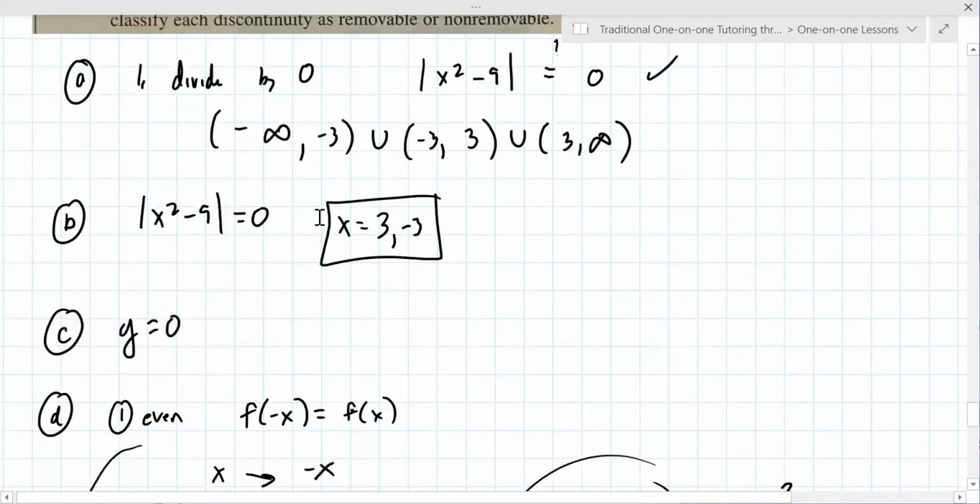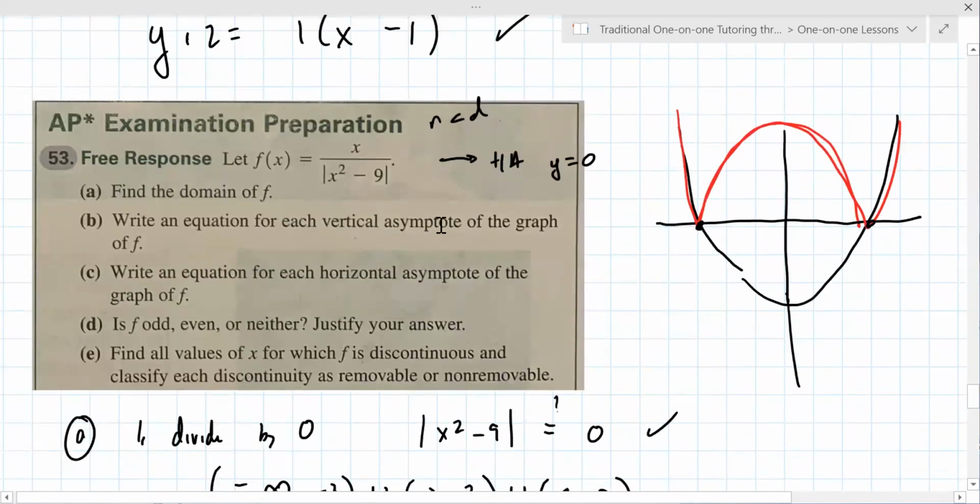The graph that we're looking at for this question has only vertical asymptotes, and that's where it's discontinuous. So they kind of lead you through it. This one does not have a hole. That's not a good example of that, but they're all non-removable. So the answer to E is x equals 3, x equals -3. They're both vertical asymptotes, and it's not removable. Okay.